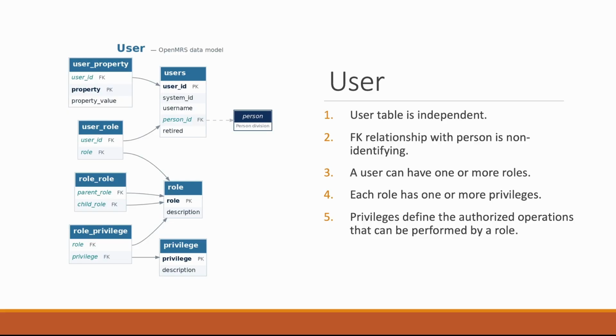So this is how OpenMRS works with privileges. There's a whole lengthy list of privileges, all the operations that can be done within the system, and for all those privileges you define roles and switch those privileges on or off, and users then inherit those permissions. So these are like permissions.